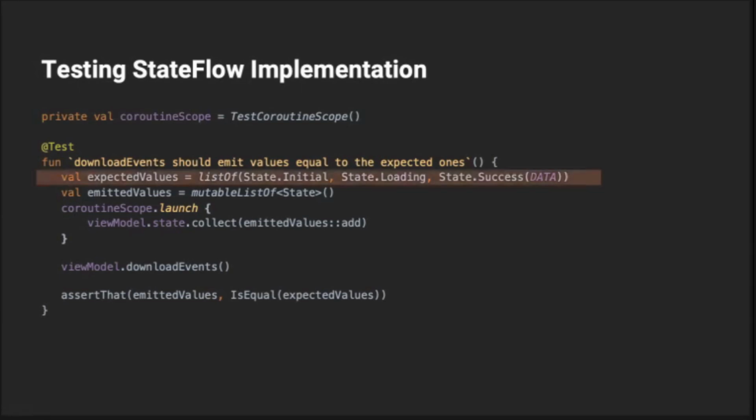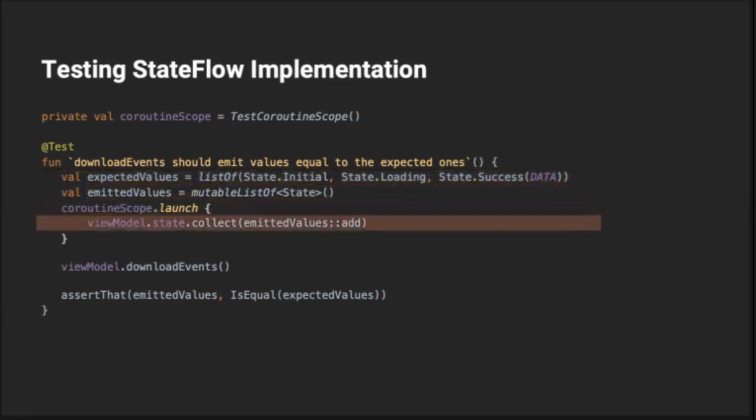The first step is to define the expected values. This is where we define which state we expect to be emitted when we call download event function. Then we create an empty mutable list of state where we can add every emitted value inside.